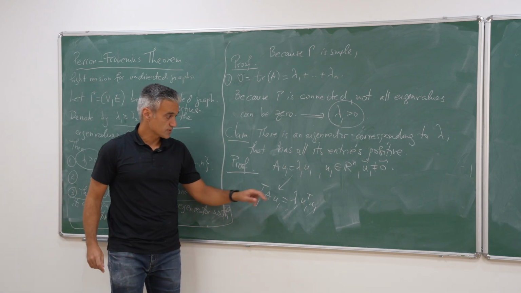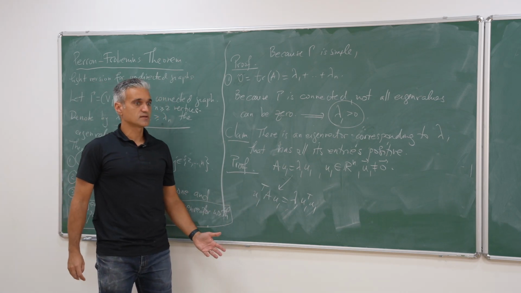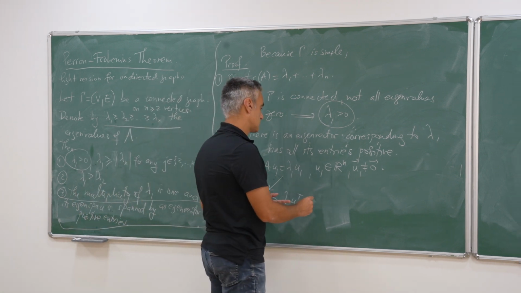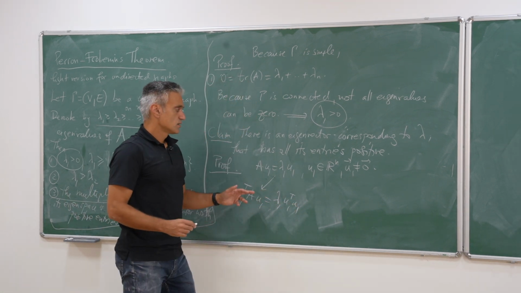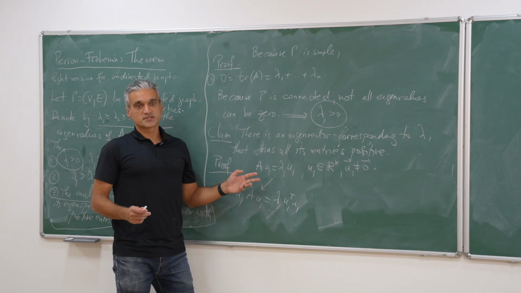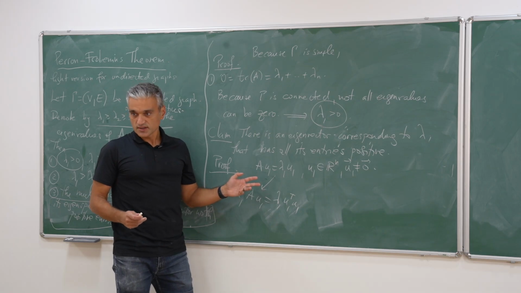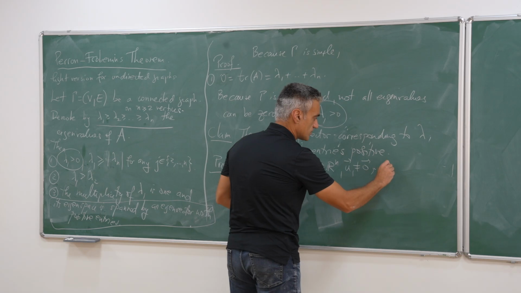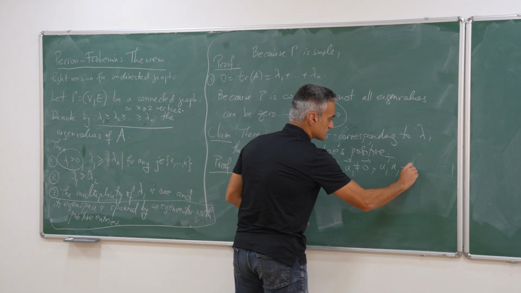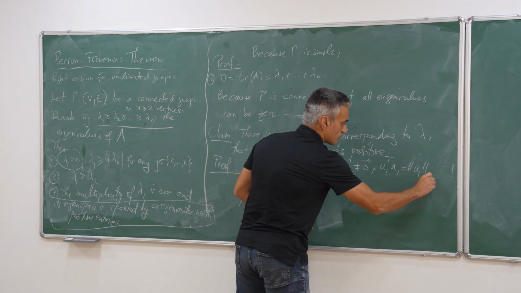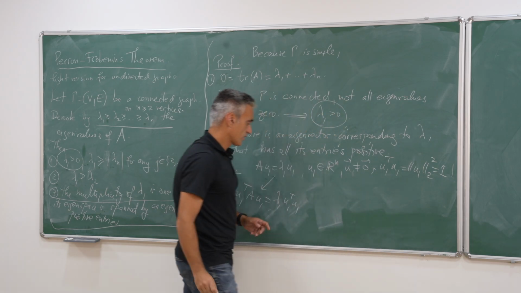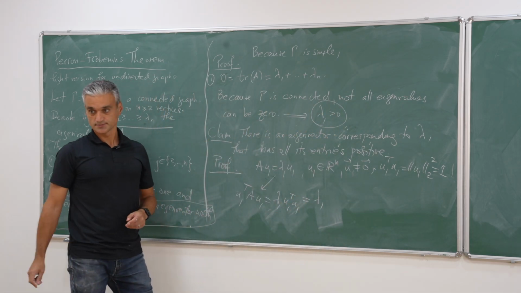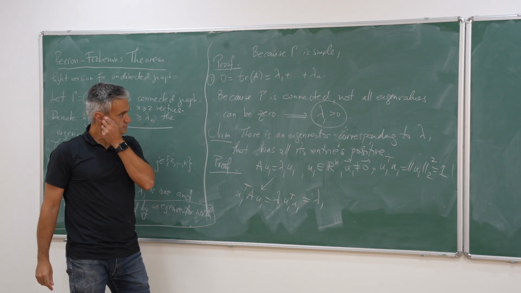Now maybe we want to make our life easier. If I have an eigenvector, I can always divide it by its norm and normalize it, make it of length 1. So u1 transpose u1, which is the length of u1, is 1, and in that case you get your lambda 1 just here.